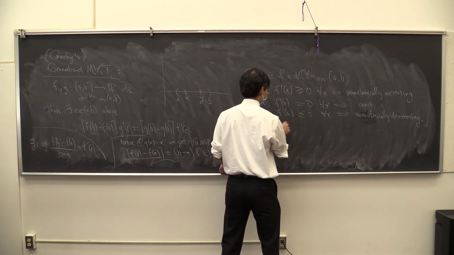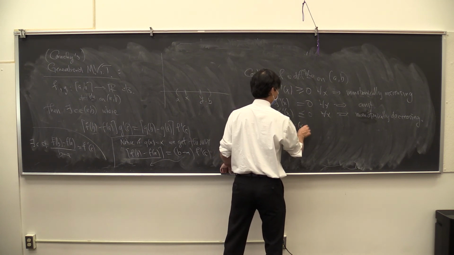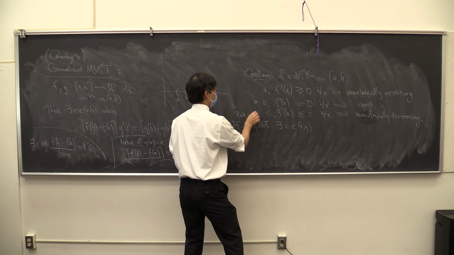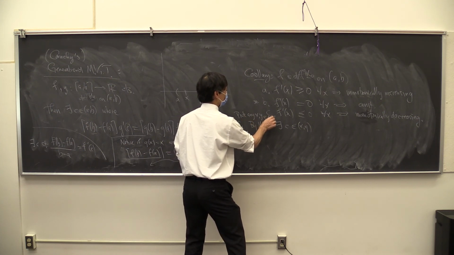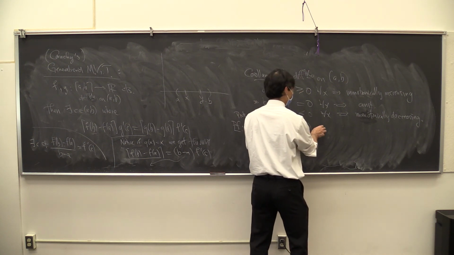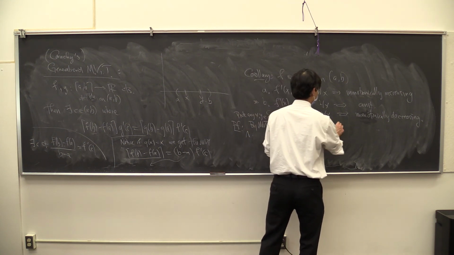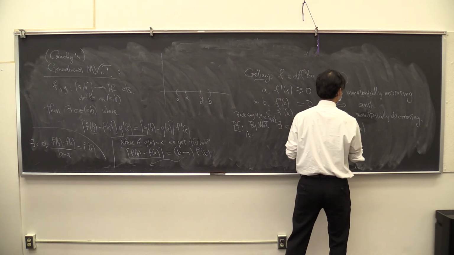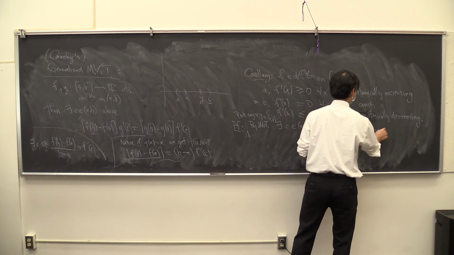We know that there exists a point between x and y. So take any x and y in (a, b). By the mean value theorem, there's some point c between them where f of y minus f of x over y minus x equals f prime of c.